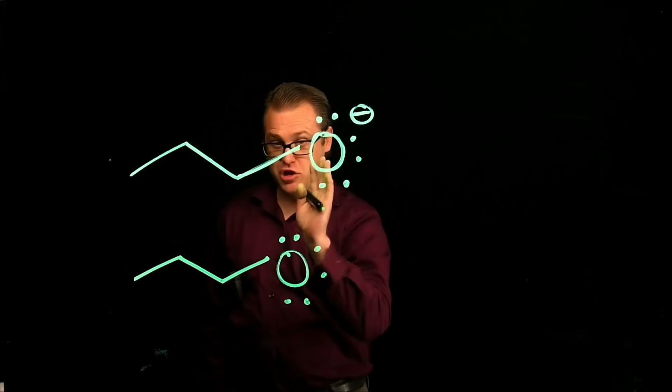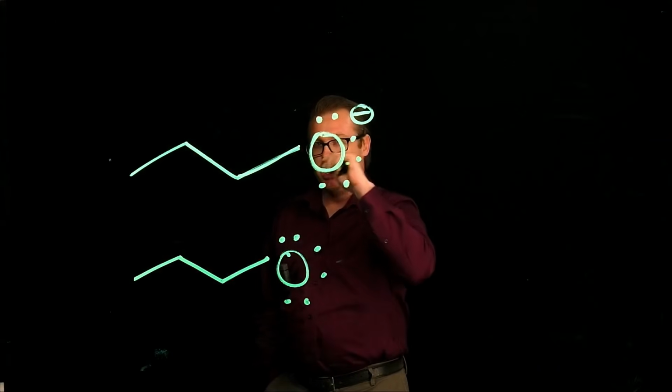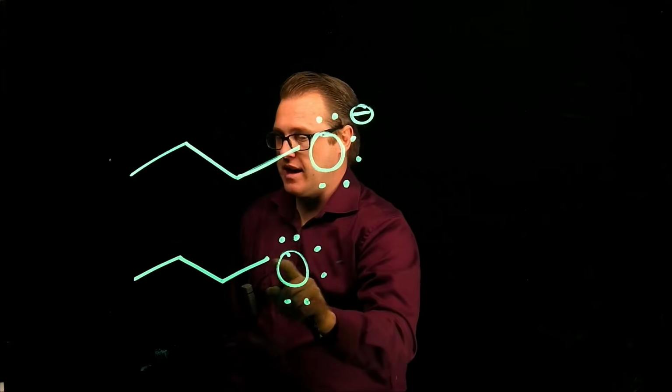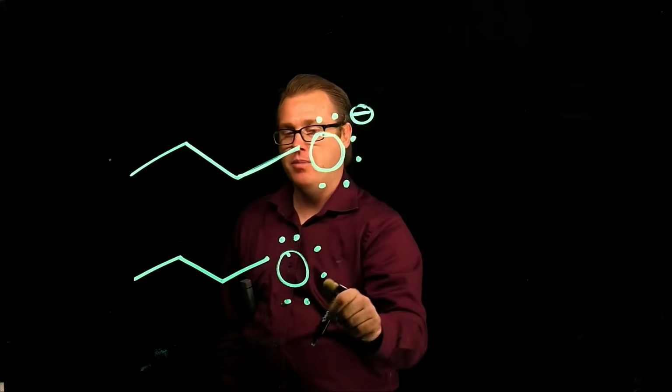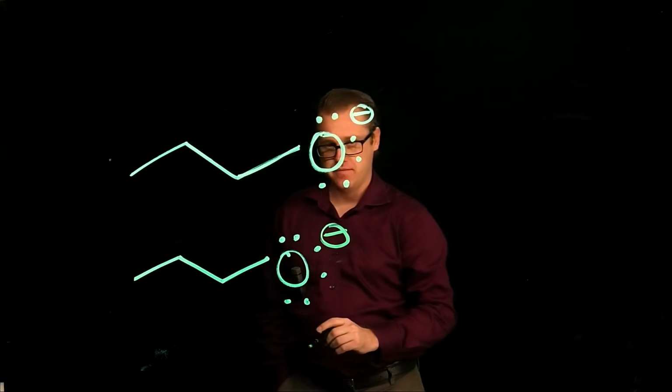I could draw a structure just like this on the exam or practice homework, and you should know that this oxygen only has 1 covalent bond, 3 lone pairs. That has to be a -1 charge.